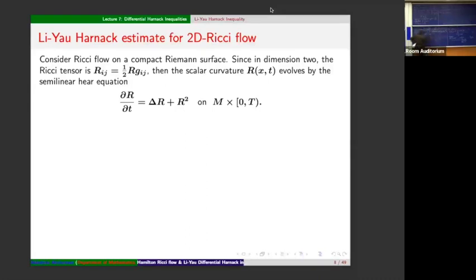But don't forget that in dimension 2, n is 2. So 2 will cancel 2, so I will just have R over t. So can we show that this gradient estimate holds on a compact surface under the Ricci flow?